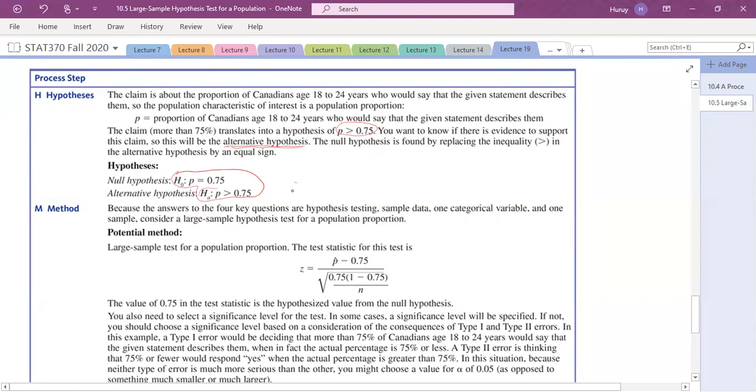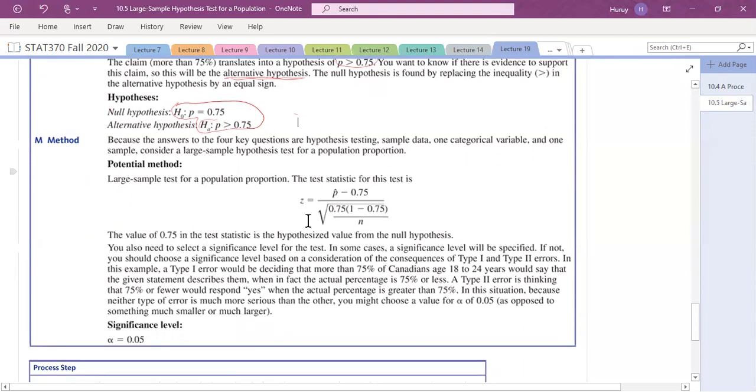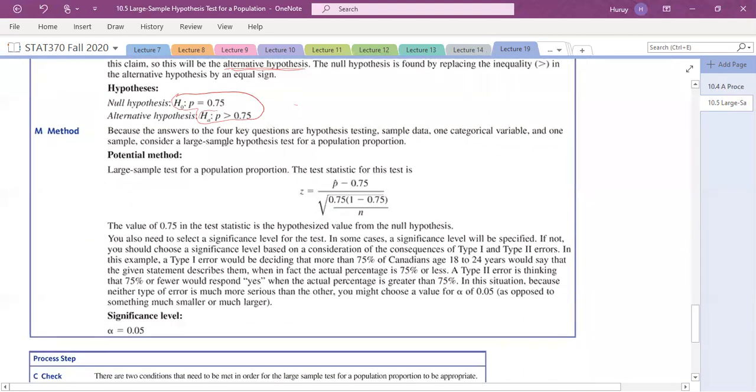And the test statistic for this one, the test will be a large sample hypothesis test. The reason we use a large sample is because, you remember, we need both of them to be greater than 10.